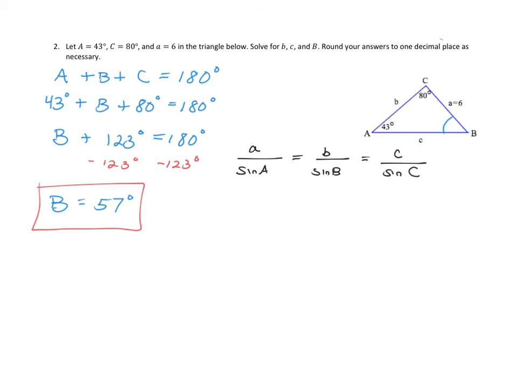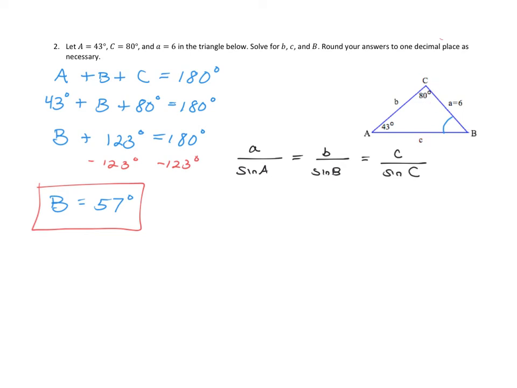Essentially what this law says is, if you take the measure of this angle and its opposing side, and you take this number and divide it by the sine of this angle, you get a number. That number will be the same as side B divided by sine of this angle, as well as side C divided by sine of this angle.